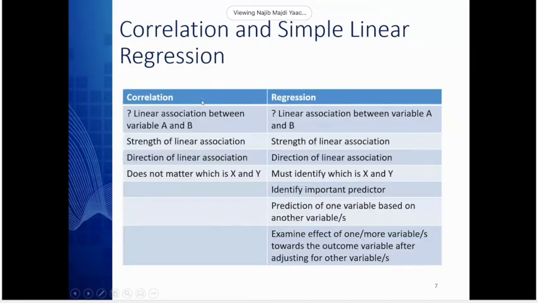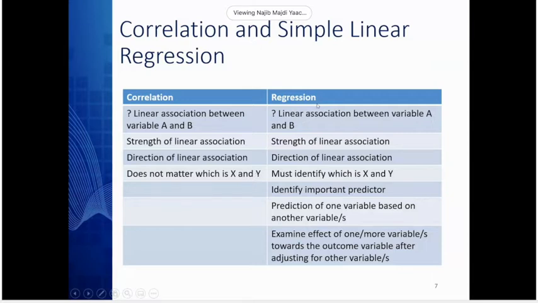So these are the similarities and also differences between correlation and linear regression analysis. Both assess linear association between the two variables. Both assess strength and also direction of relationship. In correlation analysis, it does not matter which one is X, the independent variable, and which one is the Y, the dependent variable.